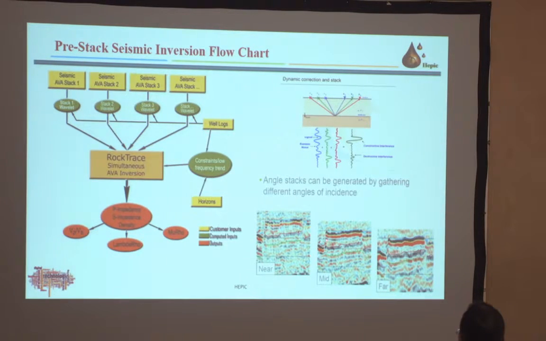That means that the amplitude changes from the near offset to the far offset, and this is used in the inversion to come up with the acoustic impedance, compressional, and then extract some elastic parameters.